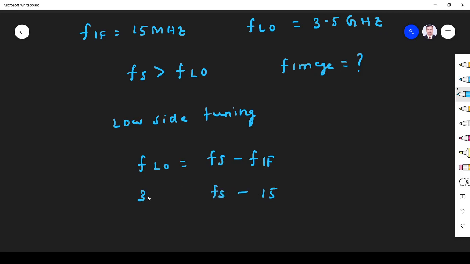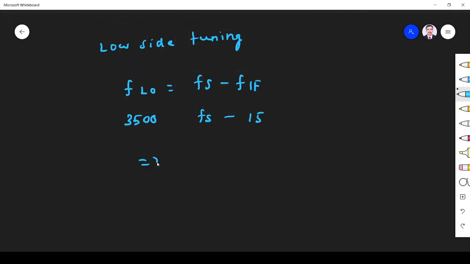The Flo value is 3.5 gigahertz, or 3500 megahertz. 3.5 gigahertz is nothing but 3500 megahertz. From this what I get is Fs equal to 3515 megahertz. So the signal frequency I got.